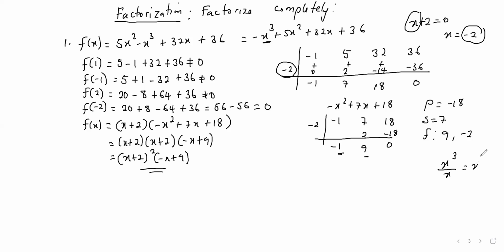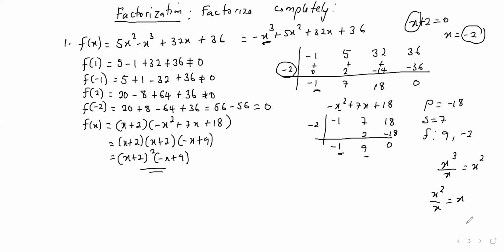The power becomes x squared. That's why after dividing, the power reduces from 3 to 2. And if it was power 2, it reduces to power 1, because if I divide x squared by x, I'll get x power 1. That's why the power is reducing by 1 when we divide by x power 1.